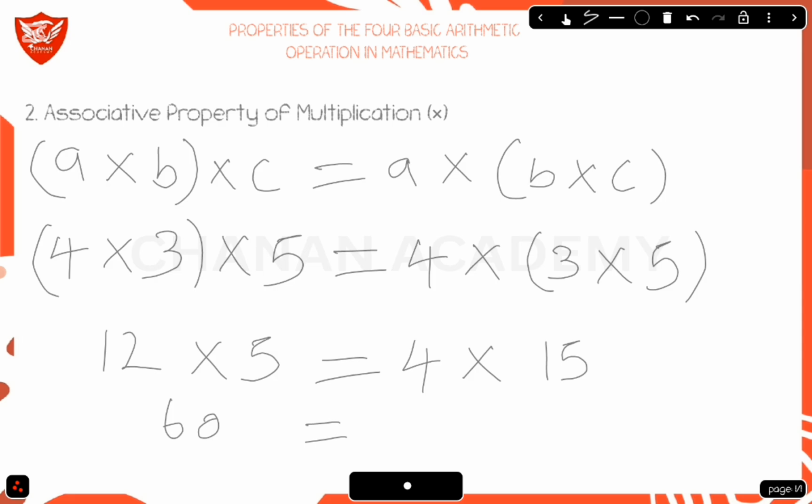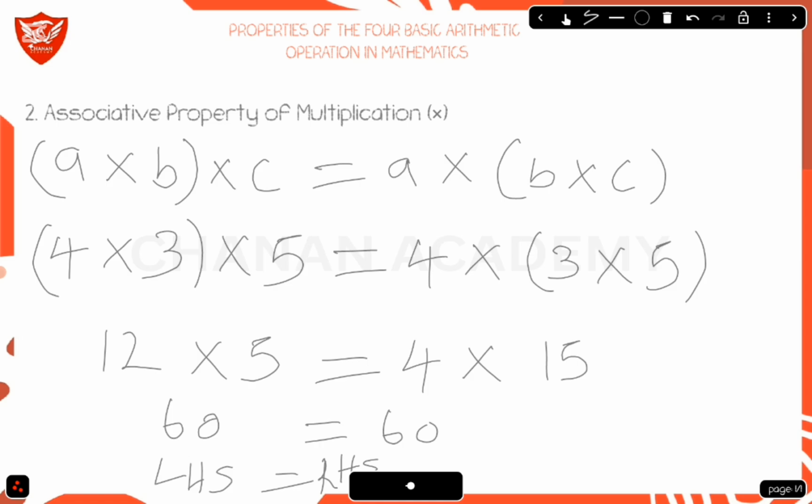And if you check 15 multiply by 4, the result is also 60. So it means that multiplication has associative property, because the left hand side is the same thing as the right hand side. Okay, I hope you get what I'm saying.